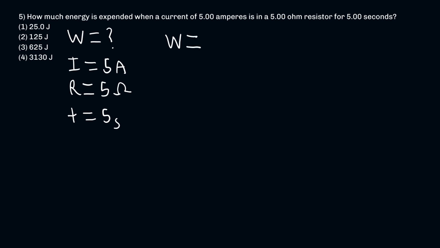I have here my current, resistance, and time. So I look for an equation with this, the third one in line of all the work equations. I see that I have I squared times R times T, and that is the equation I am going to end up using.